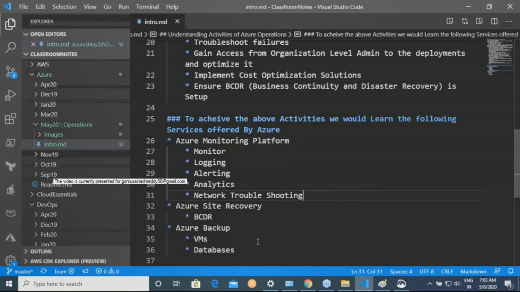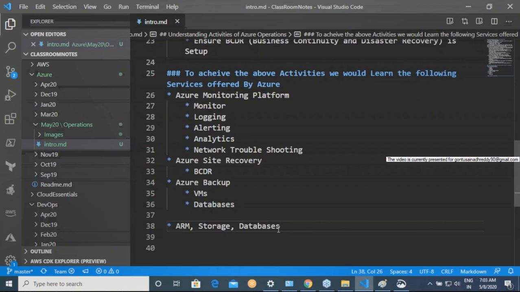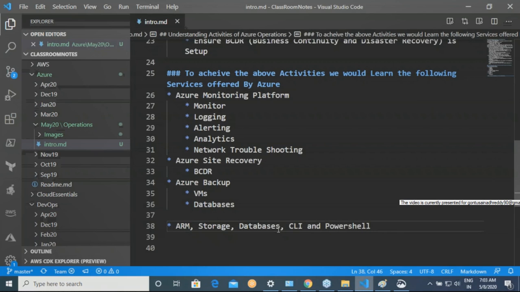But to do the whole activities, which you will not be learning in the next few days, we need to understand ARM. We need to understand storage. We need to understand databases. I think we have learned a little bit of databases. So CLI and PowerShell at a bare minimum for you to become an admin.